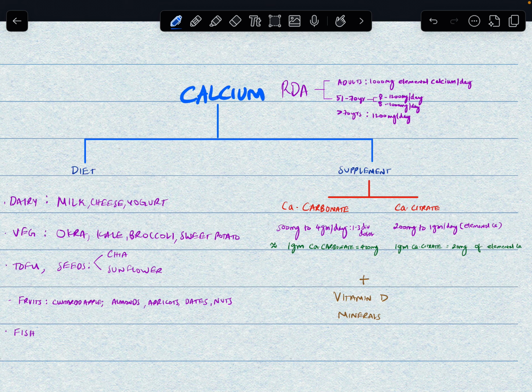So this is in brief about calcium salts that are used in capsule or tablet forms in clinical practice that have a role in the treatment of osteoporosis and vitamin D deficiency or insufficiency.